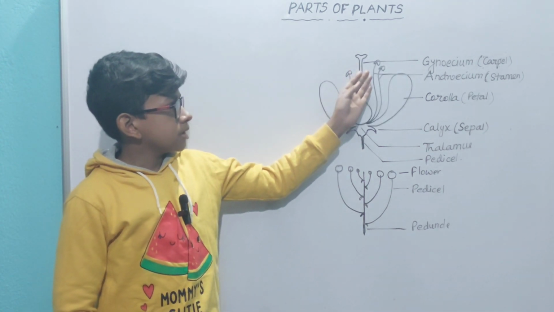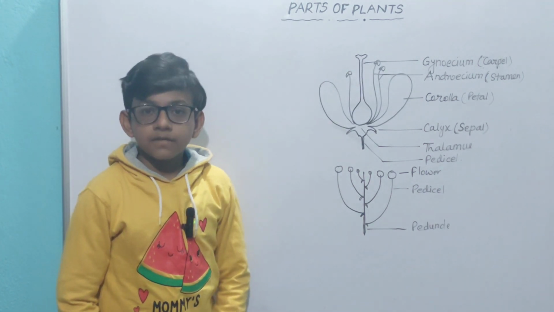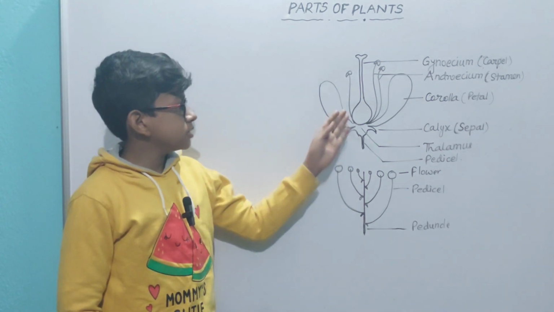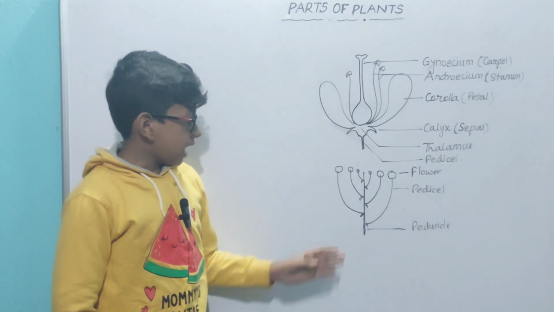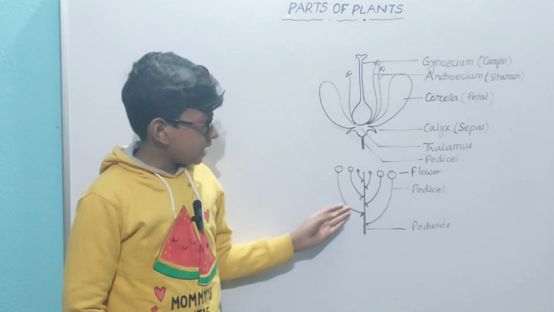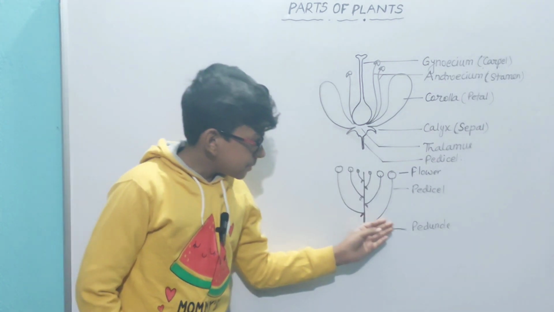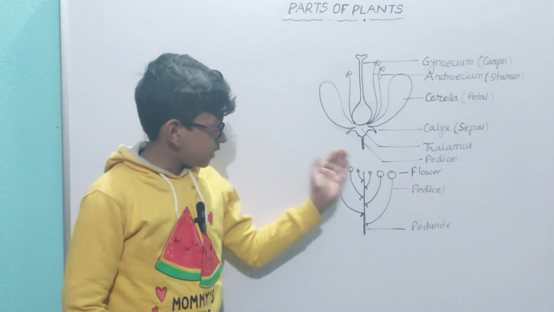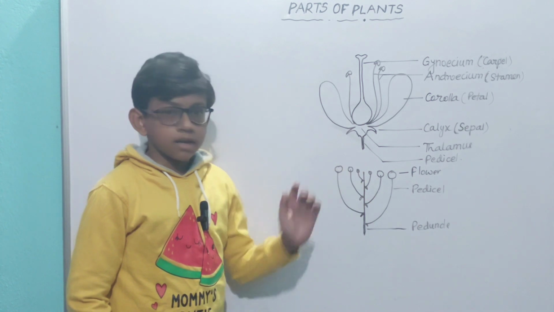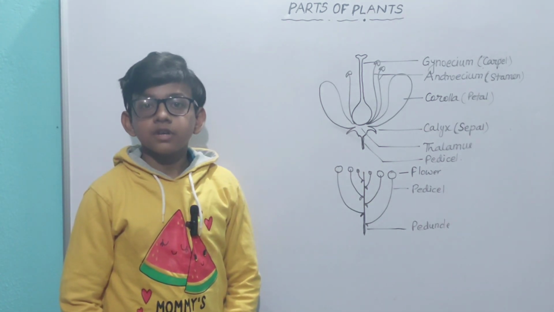Pollen grains produced by anther have male gametes and ovules produced by ovary have female gametes. The branch on which flowers are attached is known as peduncle, and the arrangement of flowers on peduncle is known as inflorescence.